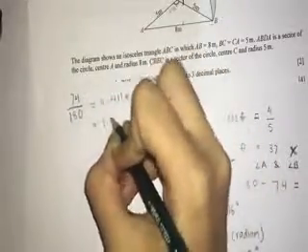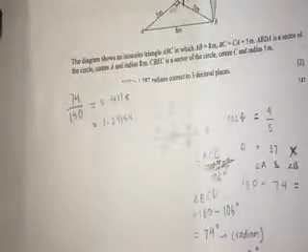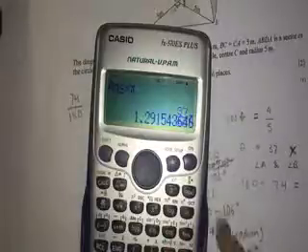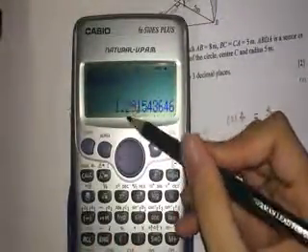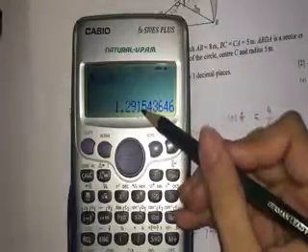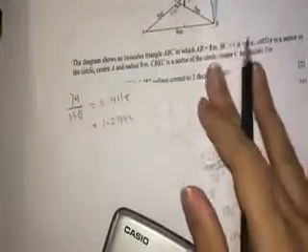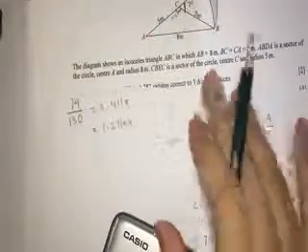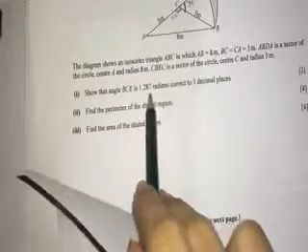This is 1.29154. And to 3 decimal places, it rounds off to 1.292, which is the same as this answer here.